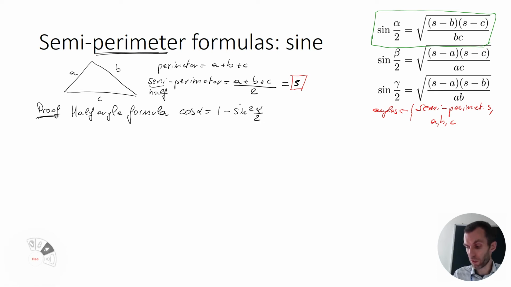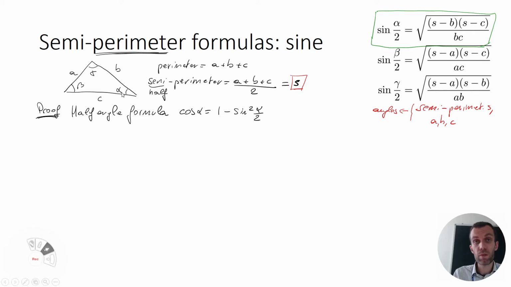That's good because we have that sine alpha over 2 in here. We have a square, and we can probably turn it into a square root. So this is probably a good formula to use here. And let's also put the angles beta, gamma, and alpha.